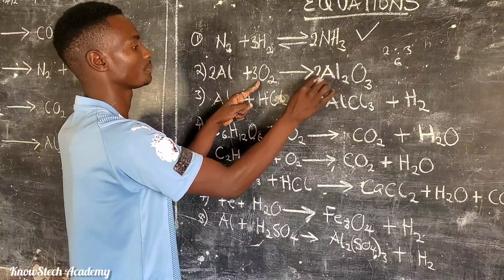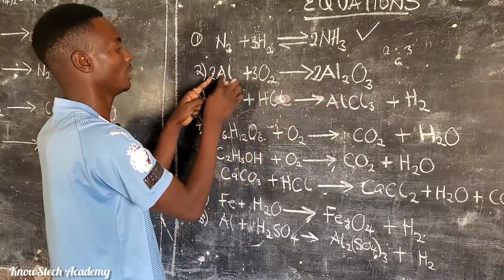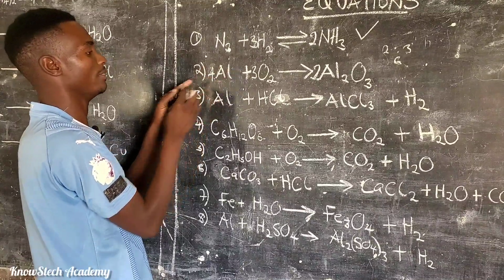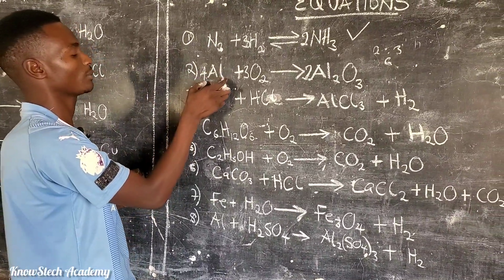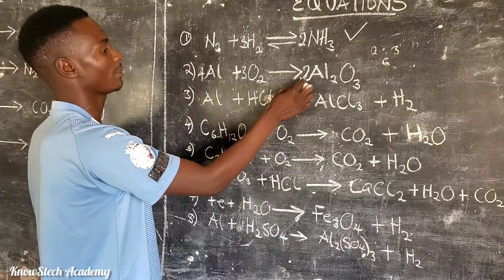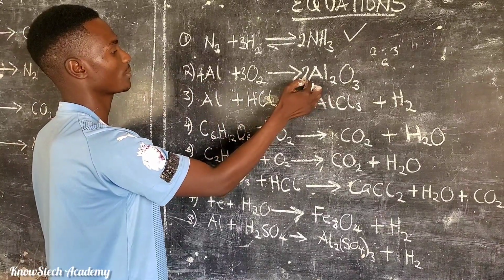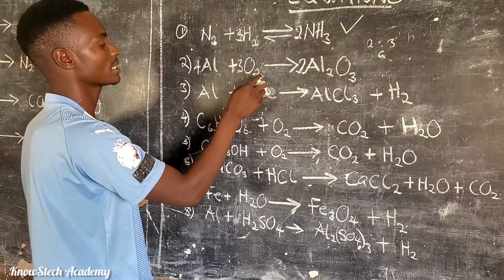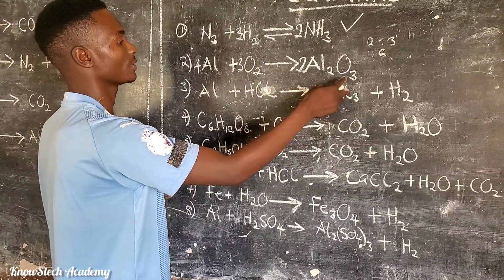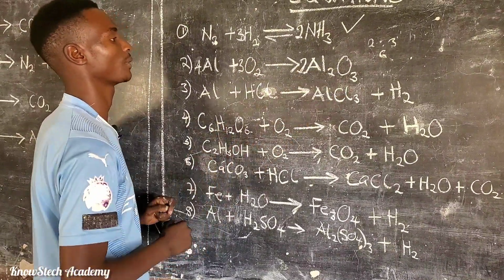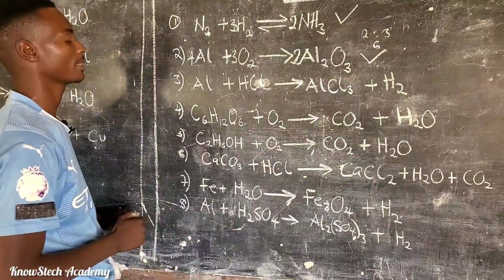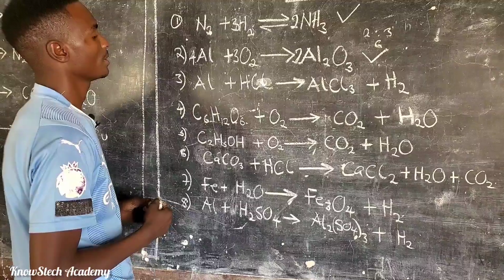So since here is 4, we are going to change this 2 to 4. Then check. The number of atoms of aluminum is 4. The number of atoms of aluminum is also 4 because 2 times 2 is 4. Then the number of atoms of oxygen is 6. The number of atoms of oxygen is also 2 times 3, which is also 6. Then our equation is balanced.